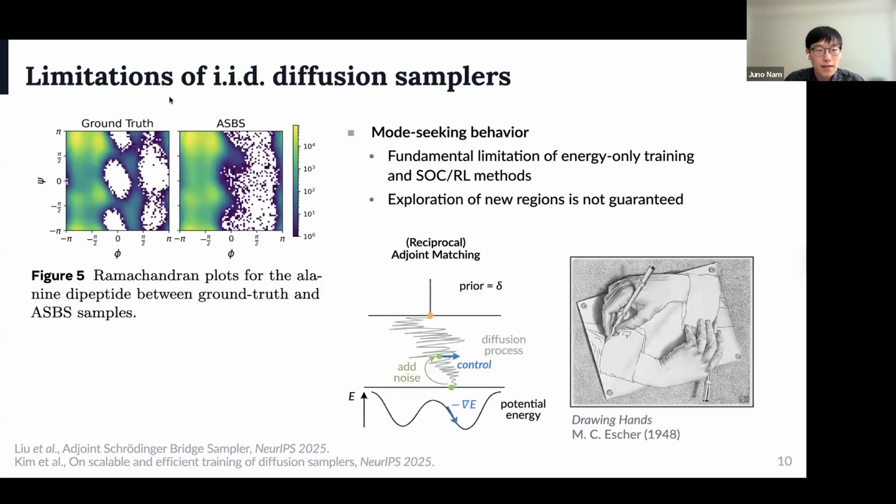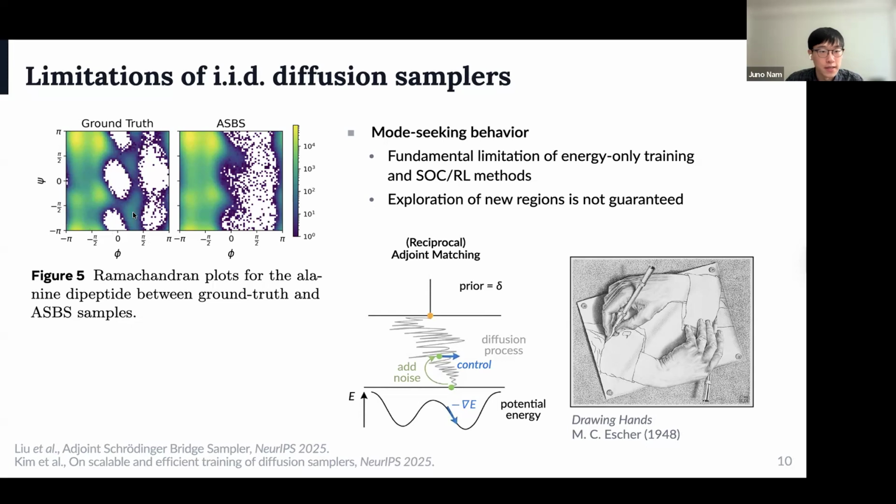There's one apparent limitation of ASBS and other IID diffusion samplers. For example, if we try to sample alanine dipeptide, which is the simplest molecule benchmark, then in the ground truth, when we project the sample configurations onto two torsional angles, phi and psi, there are usually two major modes: the more populated one on the left and the less populated one on the right.